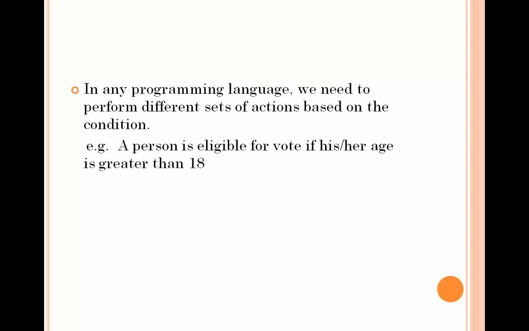Likewise, in a programming language, we need to take different sets of actions based on the condition. Suppose a person is eligible to vote if his or her age is greater than 18. That means if I have to develop an online system, I can allow a candidate to vote only if he or she is of age greater than 18.